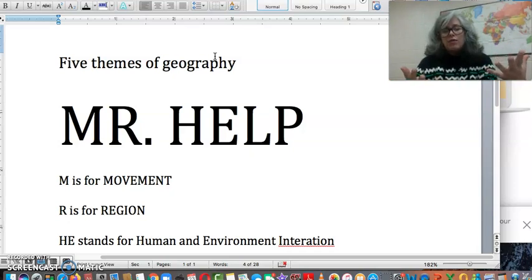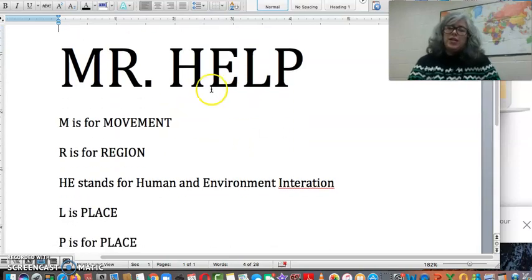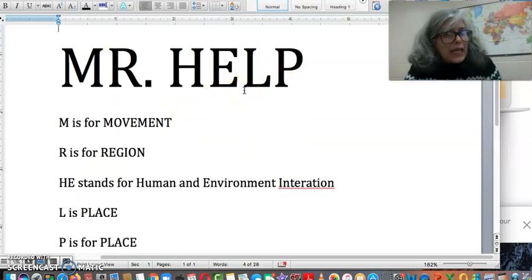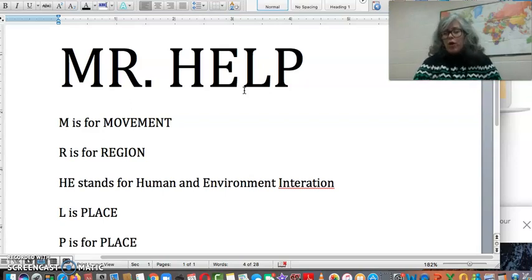I like to go over them in this order because this is the way I learned it way back when, and also it gives us this neat little acronym to help us remember what the 5 themes are. So Mr. Help corresponds to the 5 themes of geography. It's designed to help you remember what the 5 themes are.